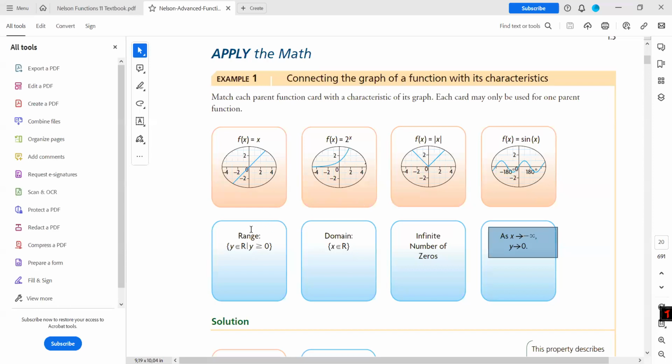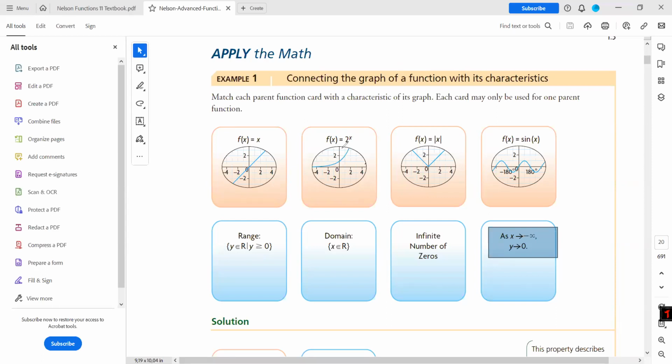So let's start with the first one. Range for y greater than or equal to 0. This function should not have any values below the x-axis, because y should be only positive. Looking at all of these functions, I see that f of x equals x definitely does not comply with this property. f of x equals 2 to the power x does not comply with this property, even though it looks like the y values are only positive.